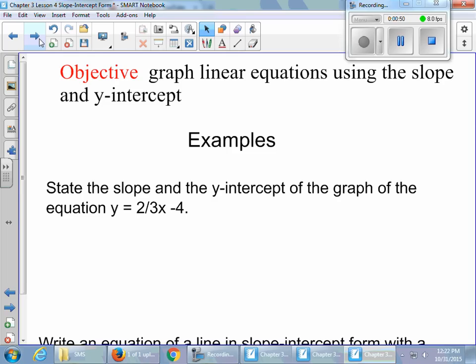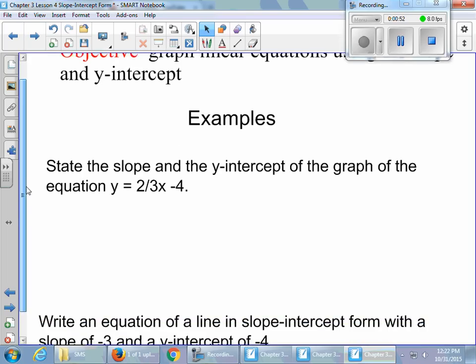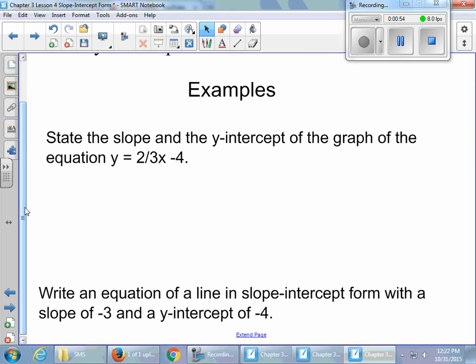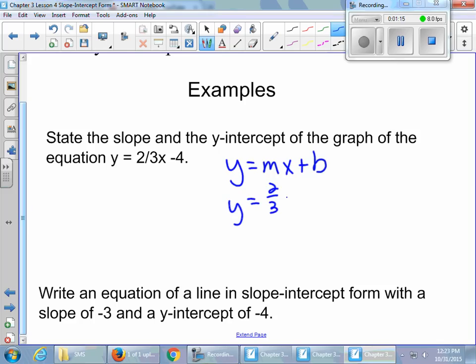Okay, we have some examples, and we're going right into them. State the slope and the y-intercept of the graph of the equation y equals 2/3 x minus 4. We're going to write down our slope-intercept form, y equals mx plus b, and simply write the same formula right underneath it: y equals 2/3 x minus 4.